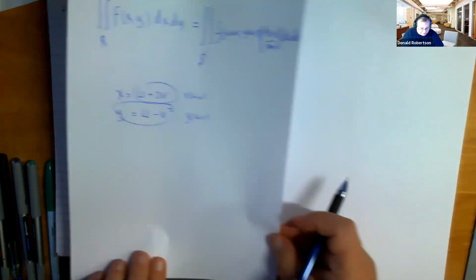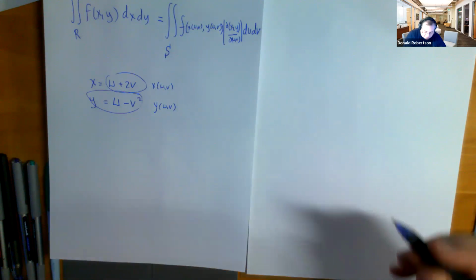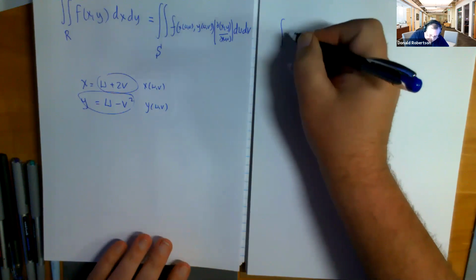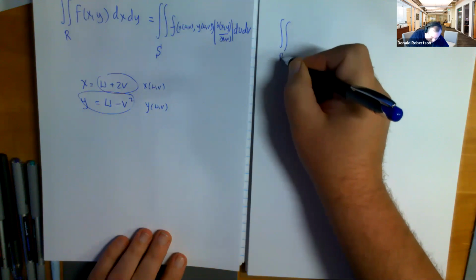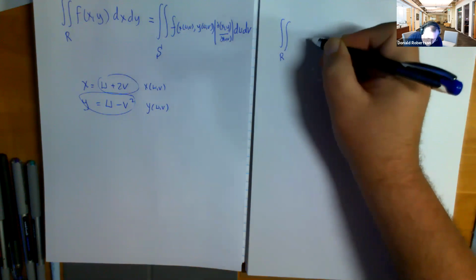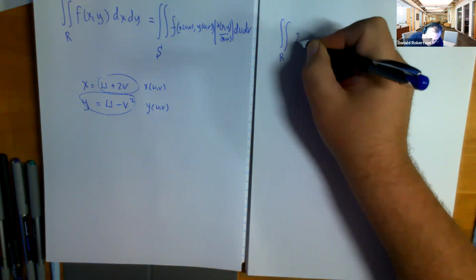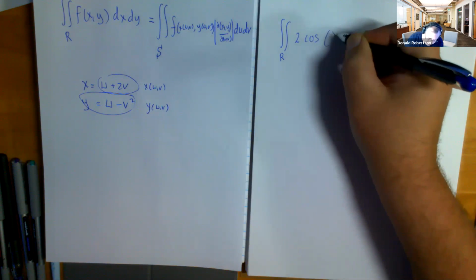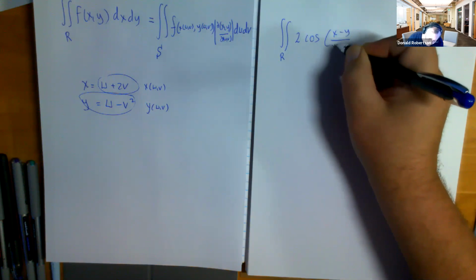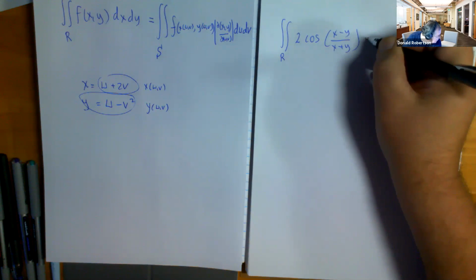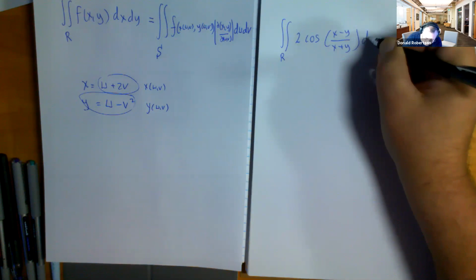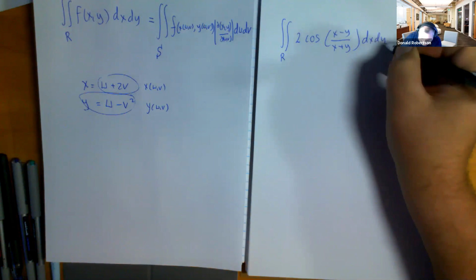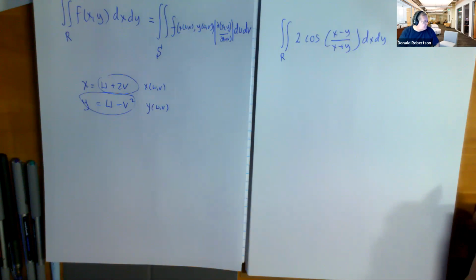Okay, let's move on then. Let's actually do a question. Let's find the double integral over a region R of 2 cosine of (x minus y) over (x plus y) dx dy. They're actually calling it dA, but I'll call it dx dy.